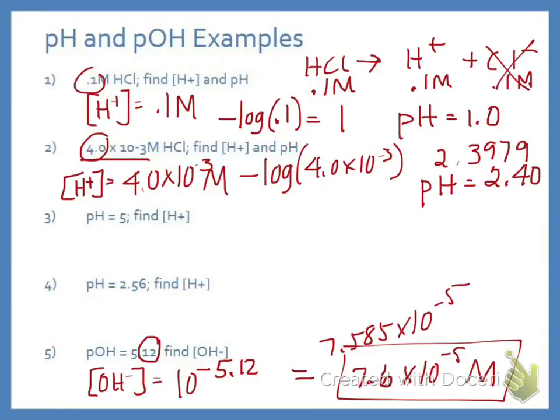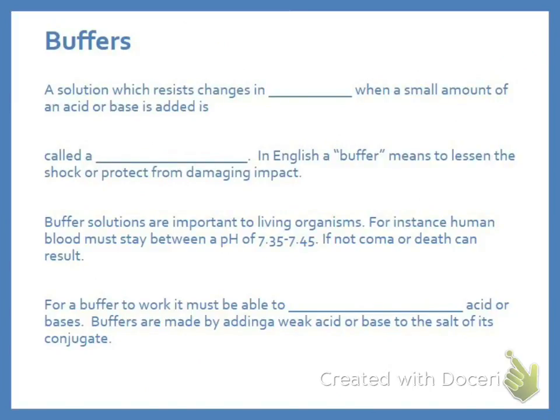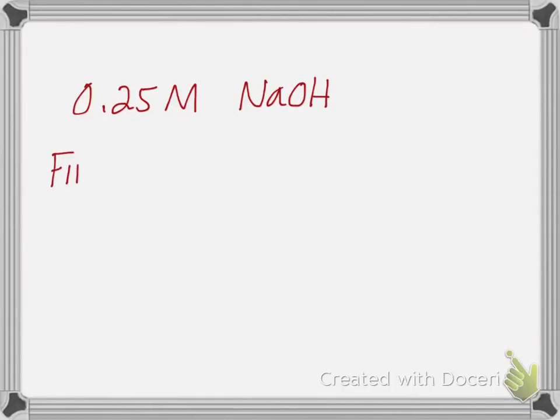Okay? So where we need to be careful is if we're finding a base and it asks us to find the pH. So we're going to look at an example of that. Let me add a little paper in here. So one of the things that will show up is, let's say I have 0.25 molar NaOH. Okay, and it says find pH and hydrogen concentration.